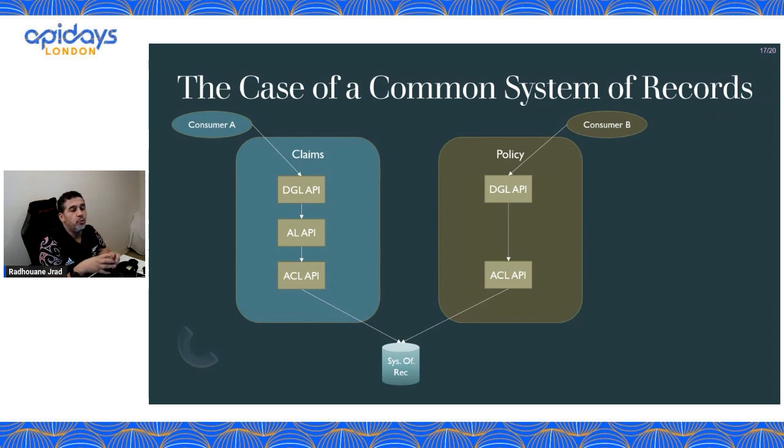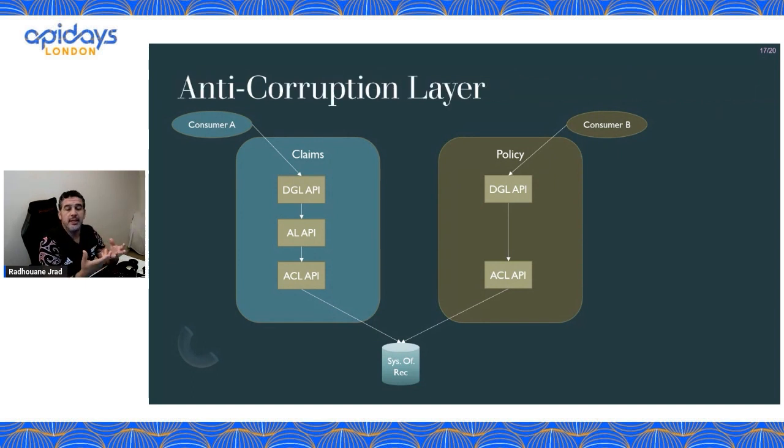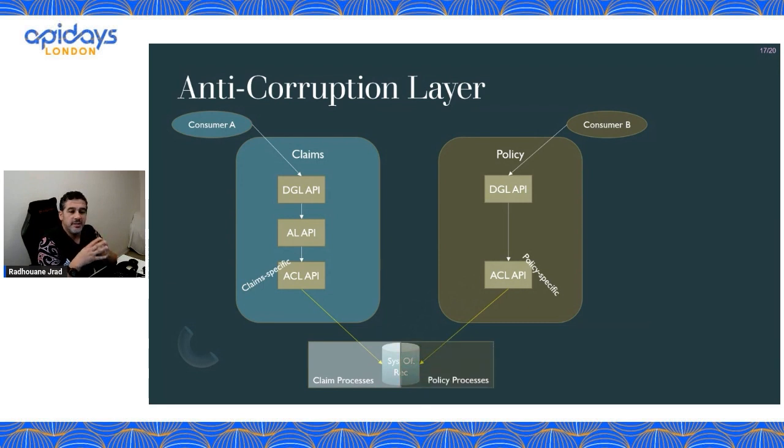You would treat those two parts of that system as if they are separate domains, separate systems. And every time you want some claims data from that system, then you call the claims ACL API. There is nothing in the policy ACL API about claims.